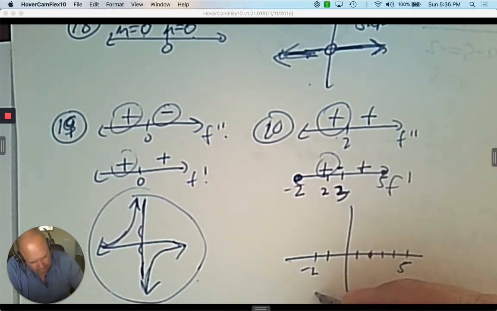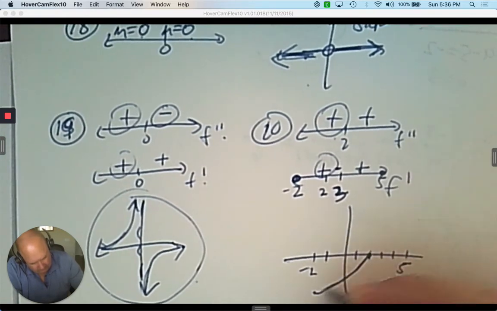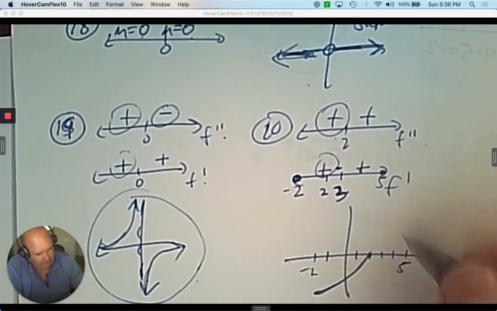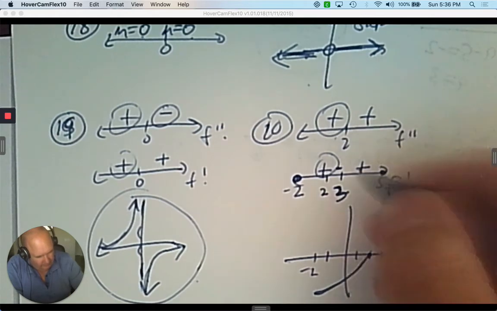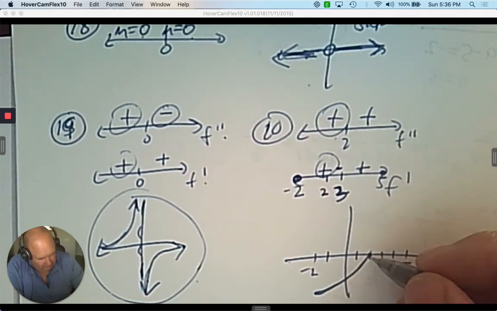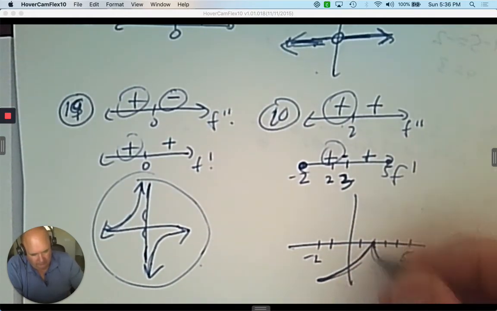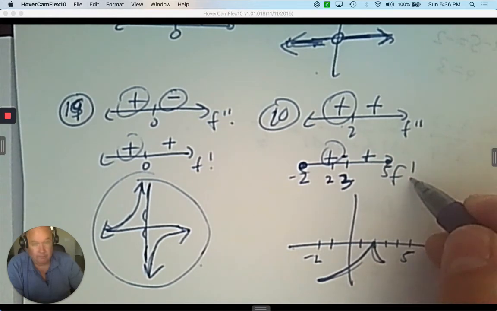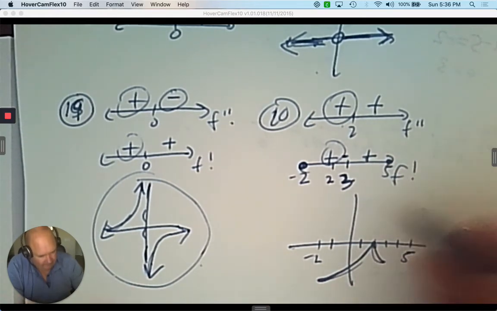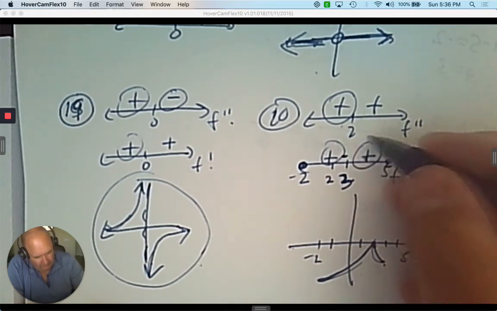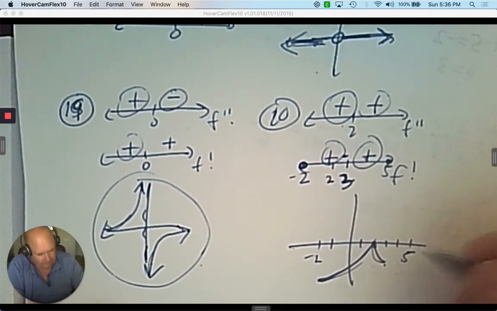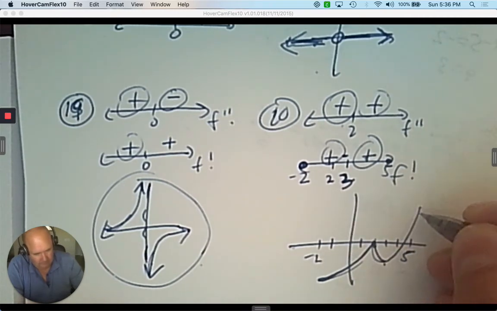Then from 2 to 3, it's going to decrease, again smiling. There could be a hole right there, but if it smiles in both ways, it creates a cusp, and the derivative would be undefined. That's for 3. After 3, it's going to be concave up and go up. And that's it.